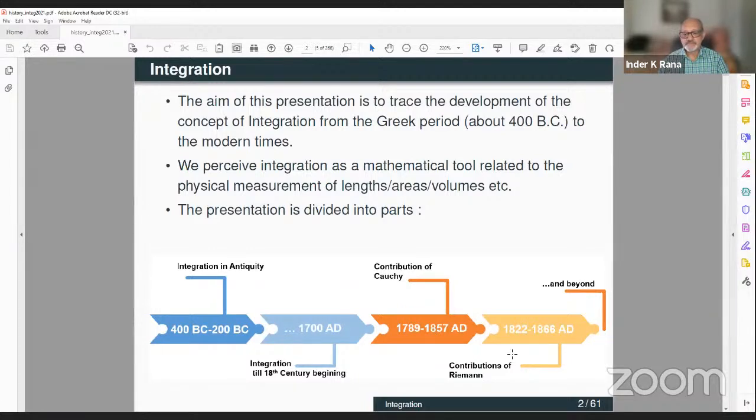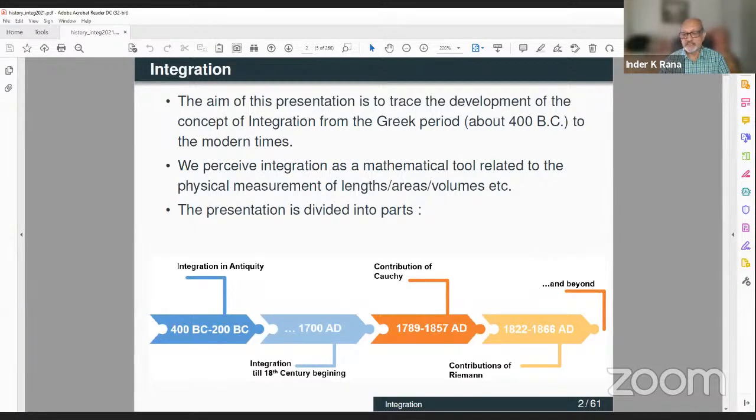Then we move over to the contributions of Riemann, a period from 1822 to 1866. And beyond that, till possibly today, if time remains, we'll try to spend some time on that.